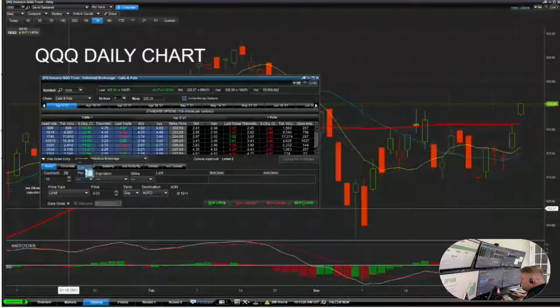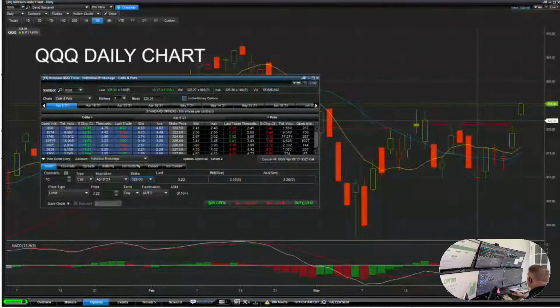So let's say you got the April 9th on Qs, right? For next week's expiration. You got an at the money strike call for 325. Okay, so all this is going to cost you for control over 100 shares of stock is $3.22, but right here you can see there's 100 shares per contract. So you have to multiply that by the premium paid.